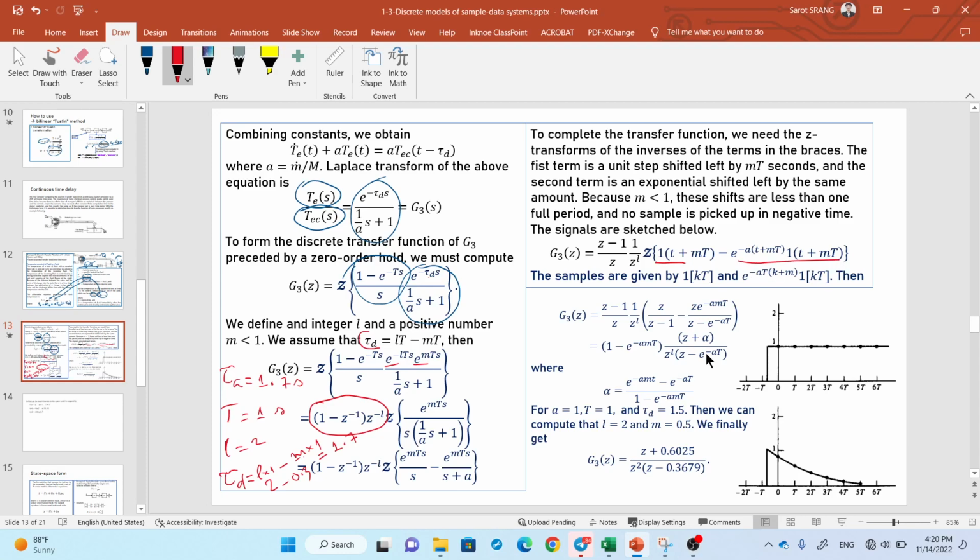Okay, and then we do the sampling. We sample this. This one is just a step like this one. This one is an exponential like this one. But because the time inside here is t plus something, and this one is a step function, right?